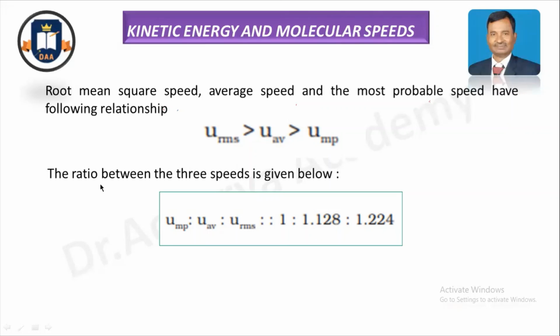We can calculate the ratio of these three speeds, and experimentally it is found that the ratio of most probable speed, average speed, and root mean square speed is 1 to 1.128 to 1.224.